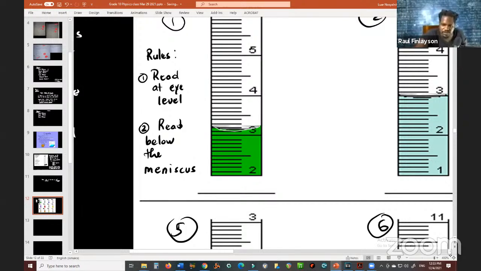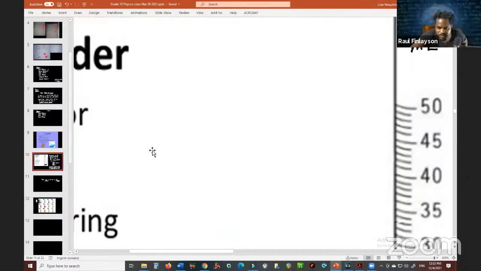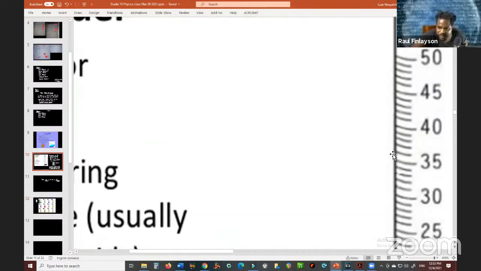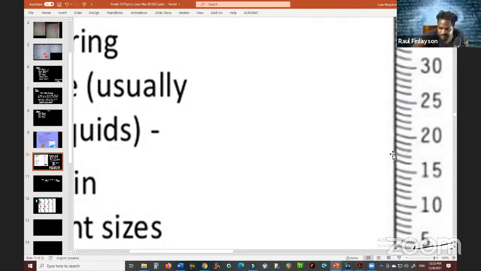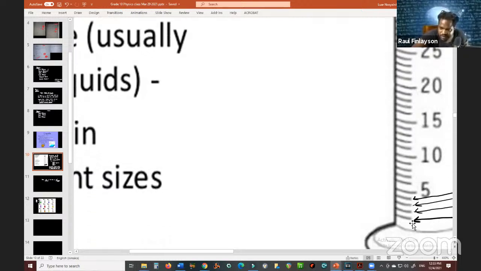Now let's take a closer look. This cylinder is different from the first one that we looked at a while ago. If you go back to the first one, these measurements went up by 1 each. But you see that these small measurements went up by 1. All right. So if we were to continue, this would be 6.